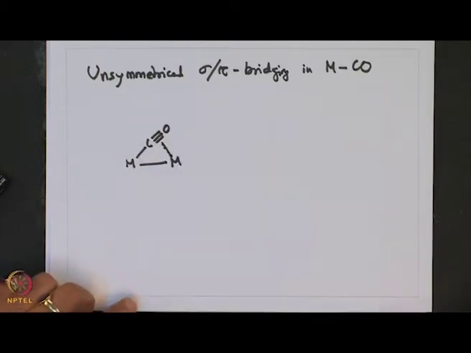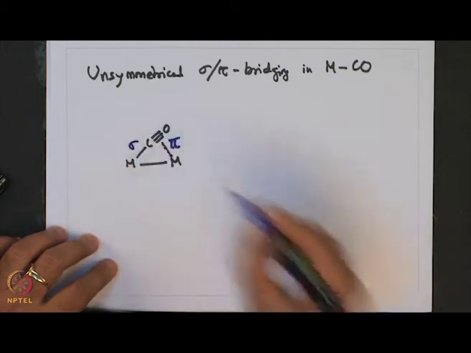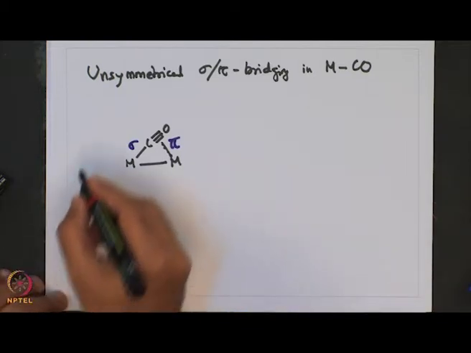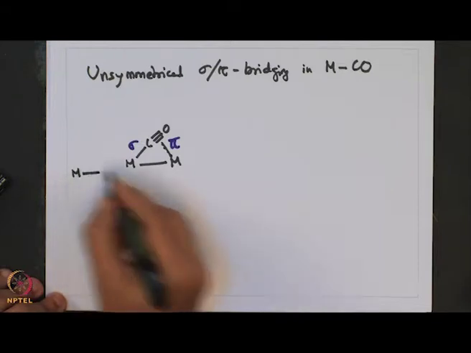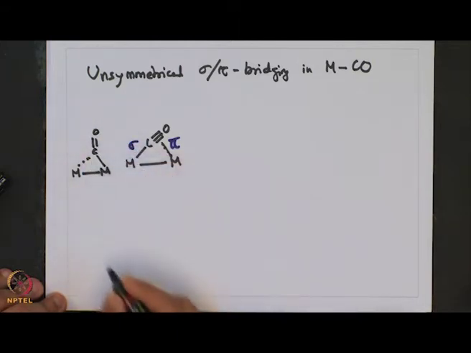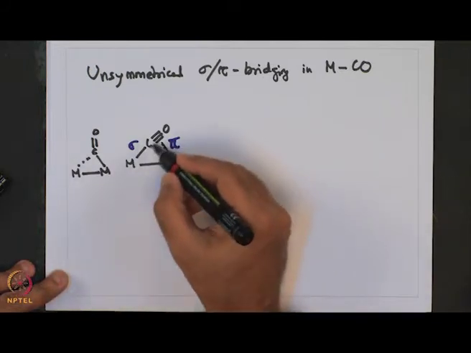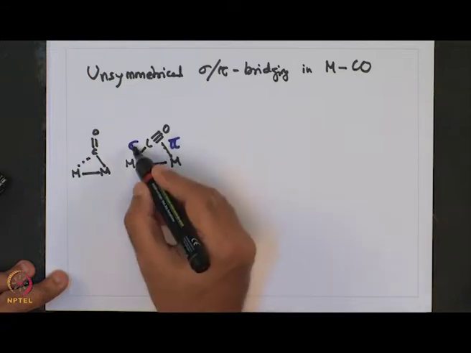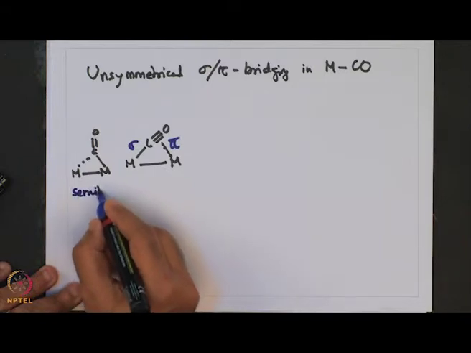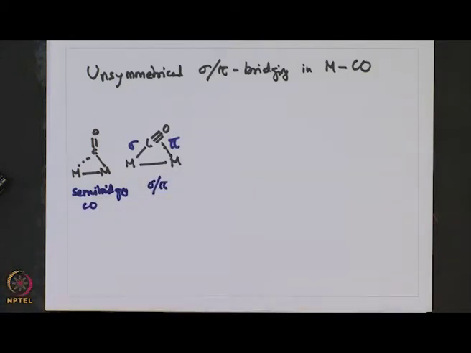So, here it is pi type interaction from the carbonyl, and here it is sigma type. On the other hand, the semi bridging ones that we had just now seen were slightly different from this, in the sense that this metal was interacting with the CO carbon, whereas the second metal is interacting with the CO pi cloud. So, this is pi type and this is sigma type, and this is how this kind of bonding is different from semi bridging, and this is sigma pi type bridging.